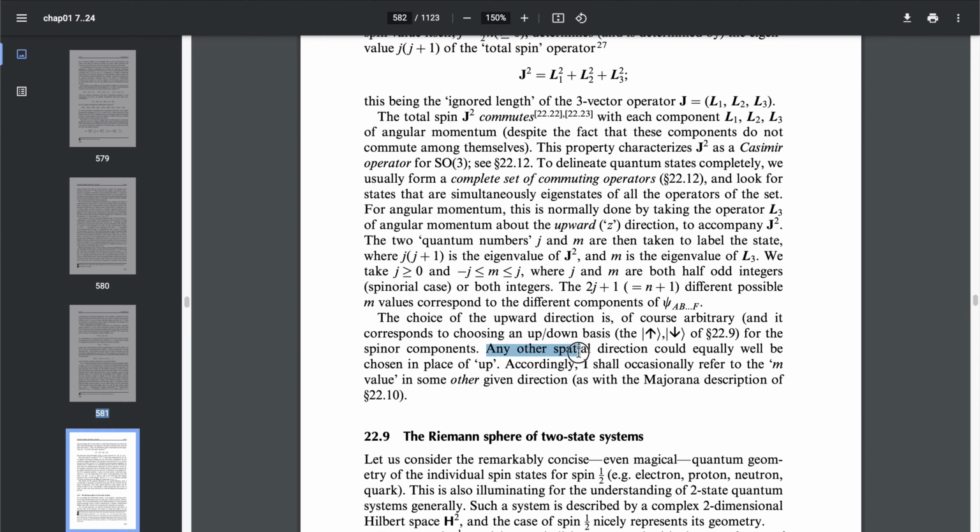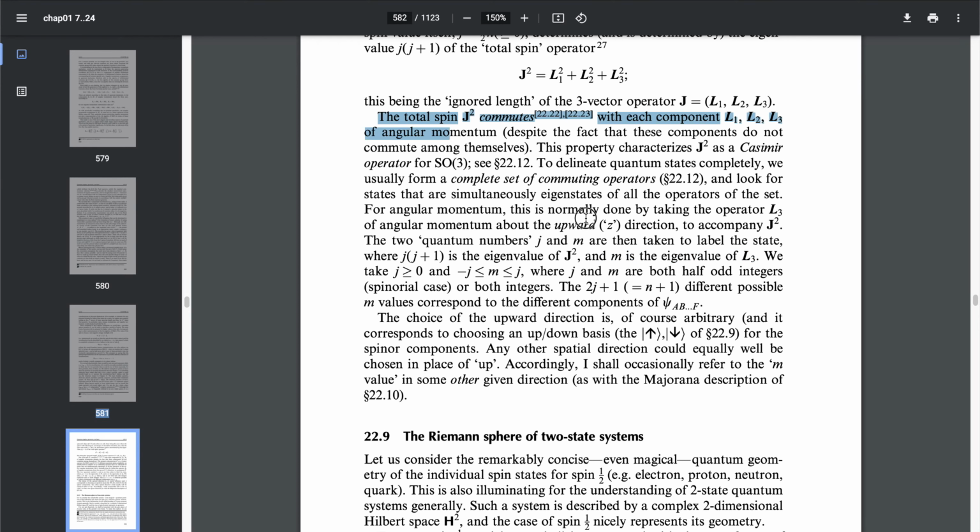Any other special direction could equally well be chosen in place of up, like left or right, as we have said already. And accordingly, I shall occasionally refer to the m value in some other given direction, as with the Majorana description. And the m value is the eigenvalue of L3.